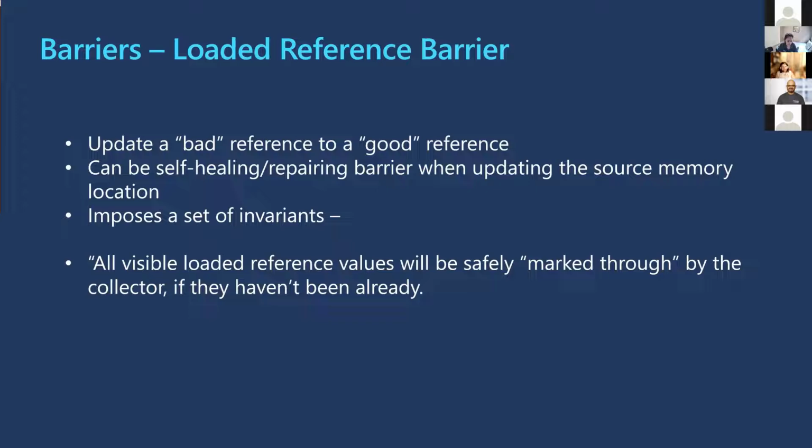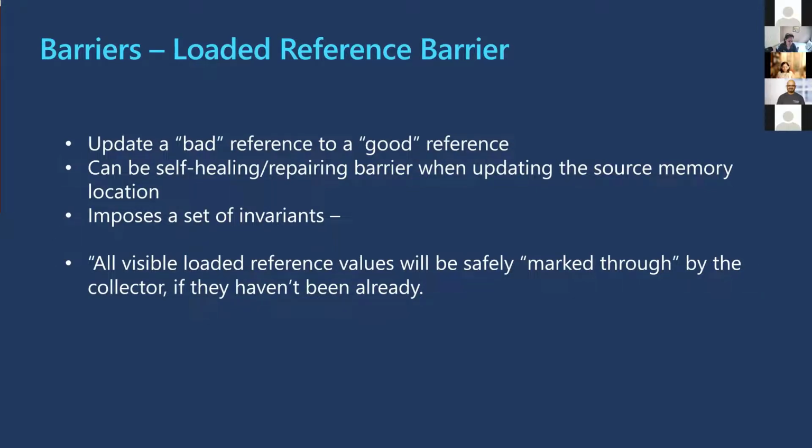Anytime you have a visible loaded reference, visible means it could be by the GC thread or by the application thread, it will be marked through. So we make sure that we mark it, and that's the job of the collector. Who does the mark through doesn't matter, as long as somebody guarantees that mark through happens. And that's the invariant right there.